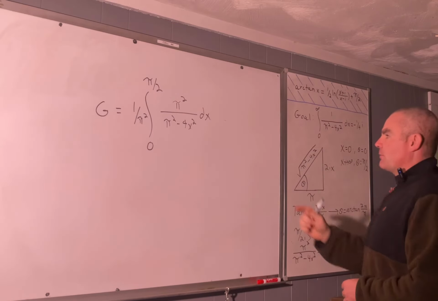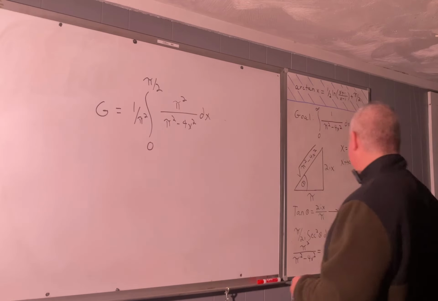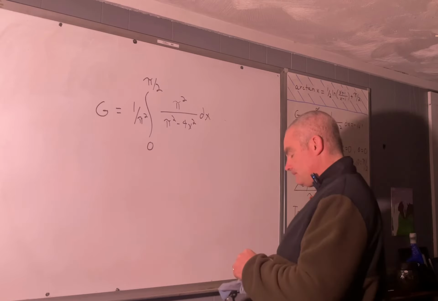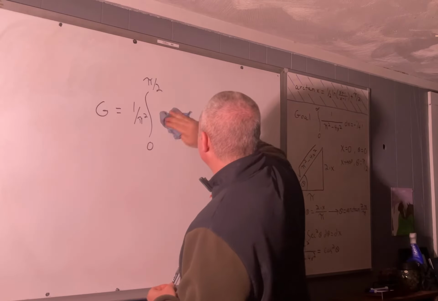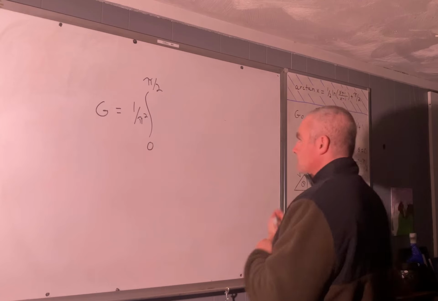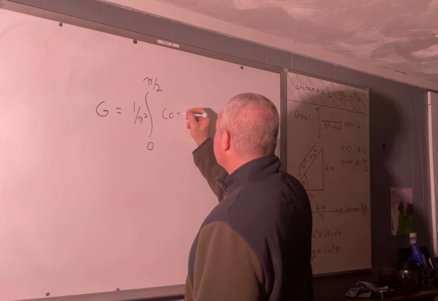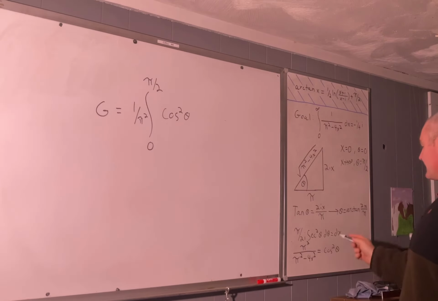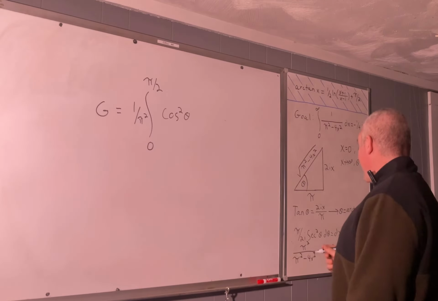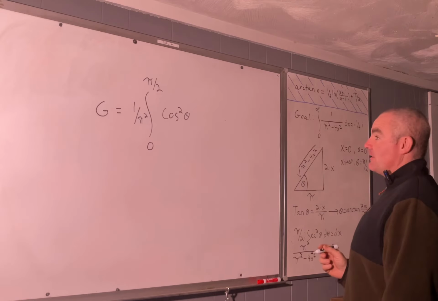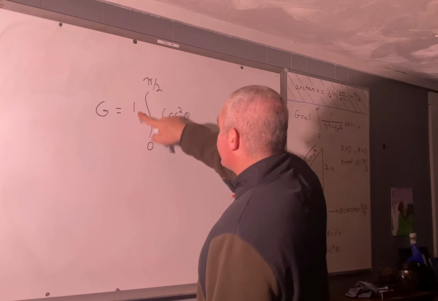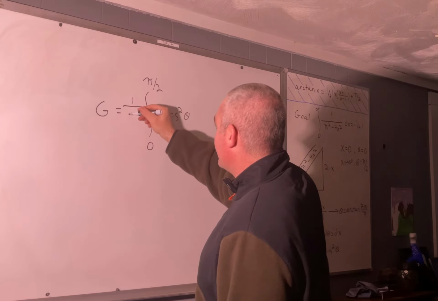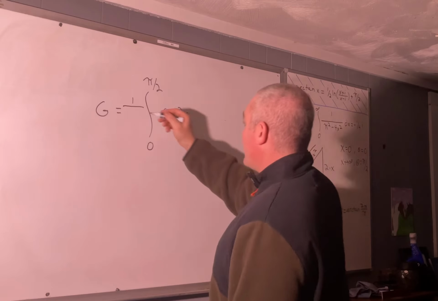Okay. Now let's replace this with what we know it is. It's cosine squared theta. And then what is our dx? It is pi over 2i secant squared theta d theta. But I'll write that as, let's see, hold on. I want this as 1 over pi squared.